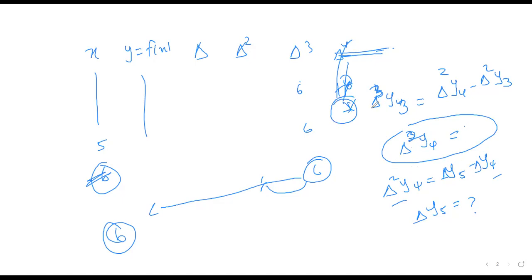I'm giving the steps, I'm not giving the answer. So the only thing is we can go up to here. But with this equation, delta cube y3 is delta square y4 minus delta square y3. You know this one, you know this one, so you can find this one. This minus this. Oh sorry, the minus goes here, so plus.